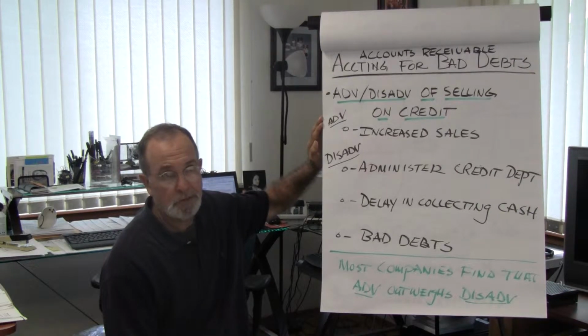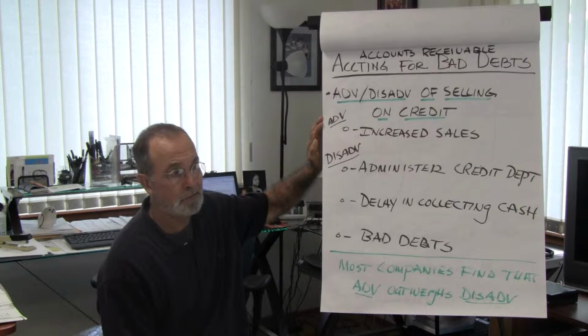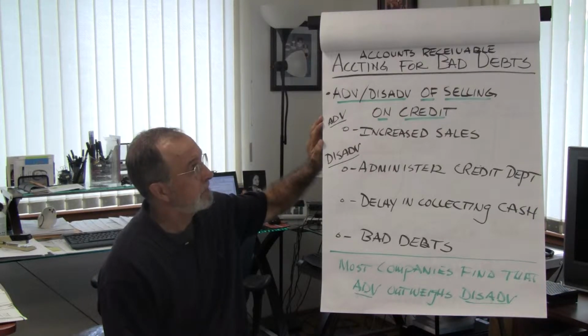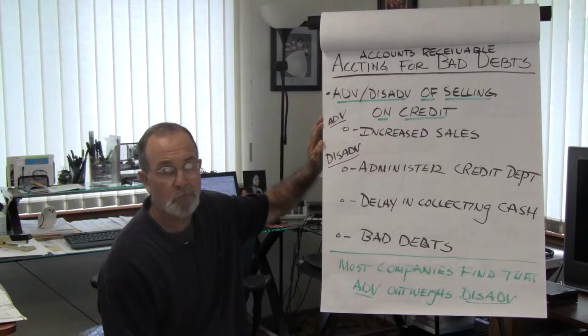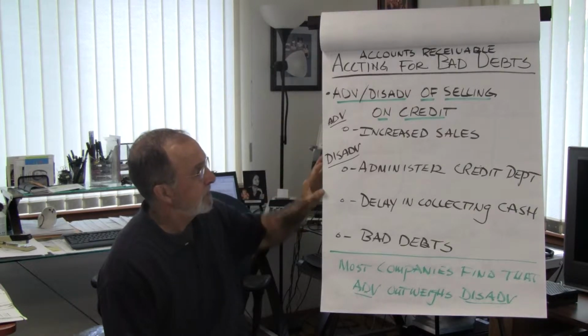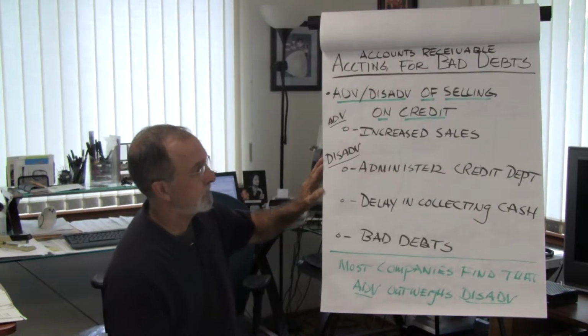Probably the single most important and the single biggest advantage of any company offering credit is an increase in sales. That's got to be probably the biggest single reason why companies decide to offer credit. There are several disadvantages.